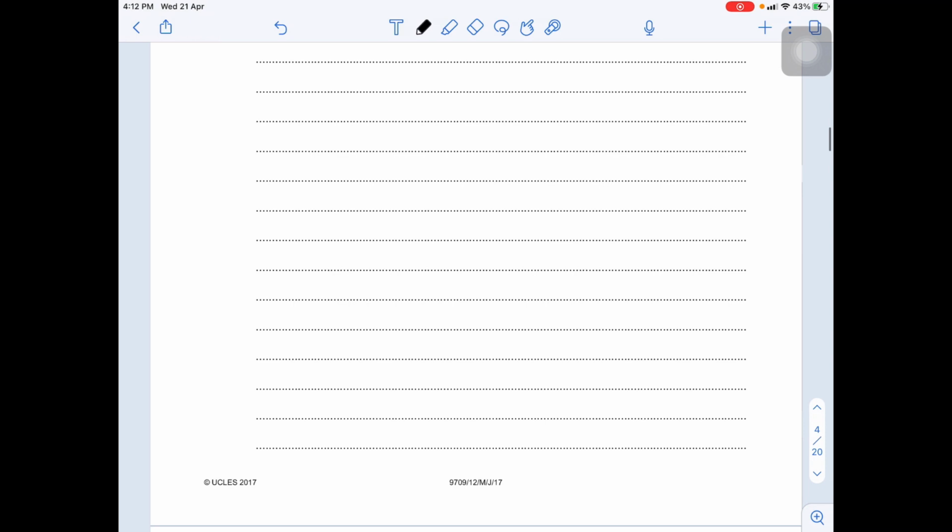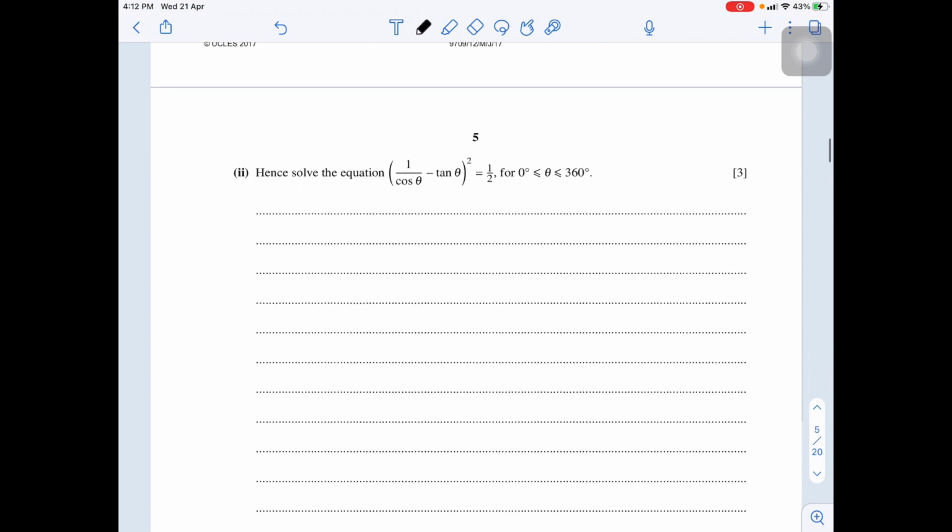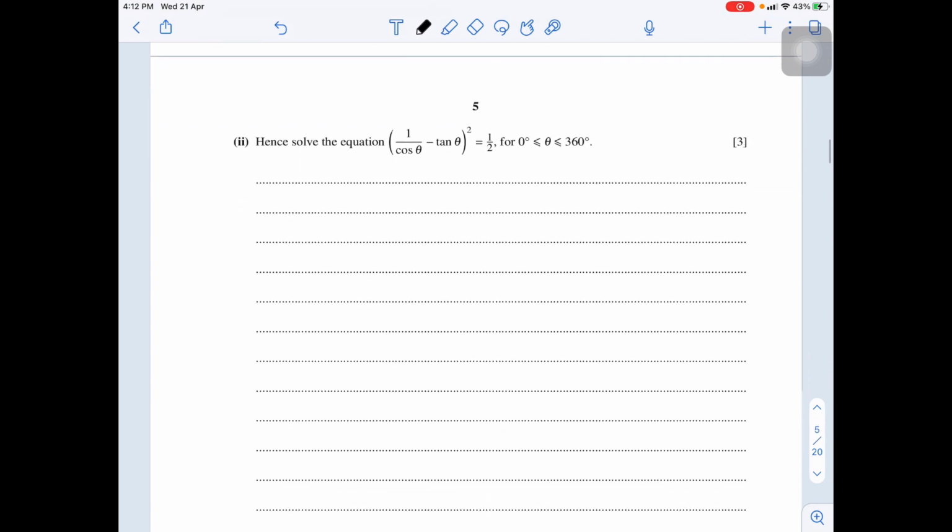Right hand side. Let's try the next part. Now, number 2. Hence, solve the equation. 1 over cos theta minus tan theta, squared, is half, for 0 degrees less than or equal to theta less than or equal to 360 degrees.